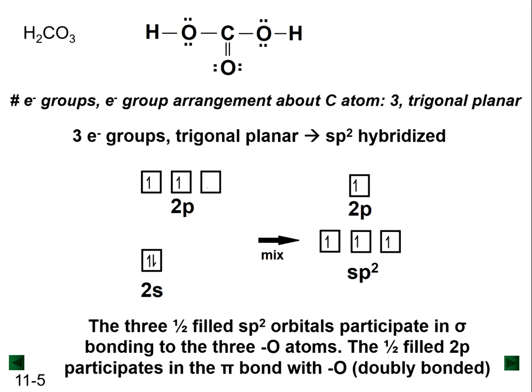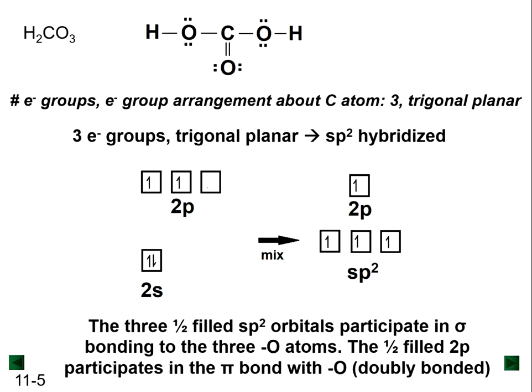The 3 half-filled sp2 orbitals participate in sigma bonds to the 3 oxygen atoms. 2 of those oxygen atoms are singly bonded, and 1 is doubly bonded. So the first bond is the sigma bond. The half-filled 2p orbital on the carbon atom participates in the pi bond with the oxygen, that is the second bond in the doubly bonded system.